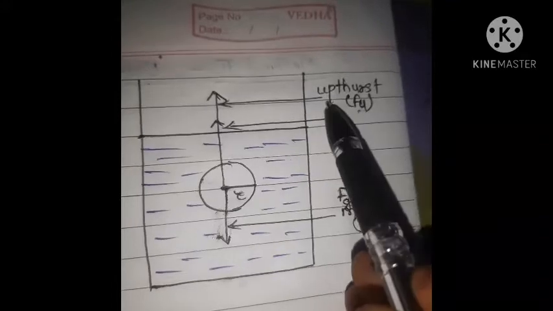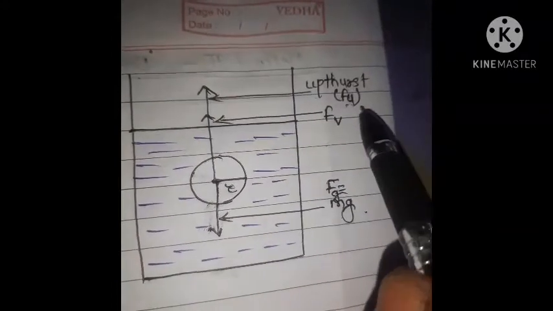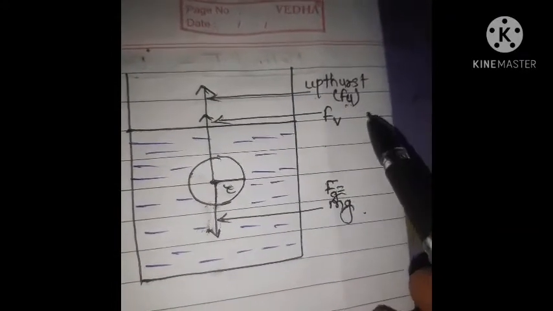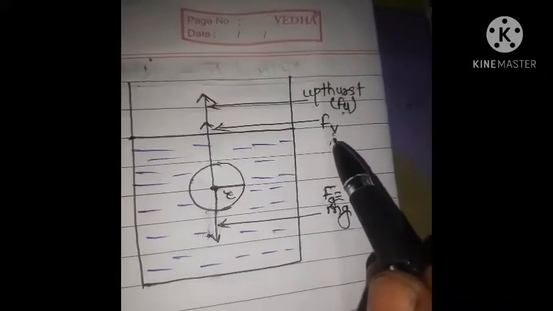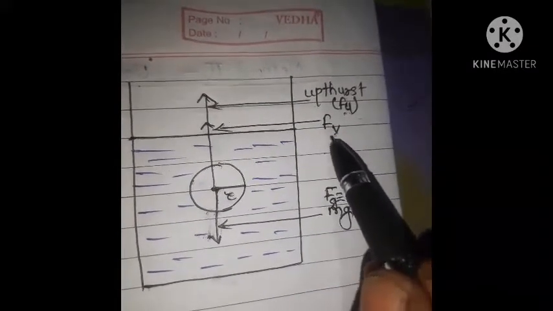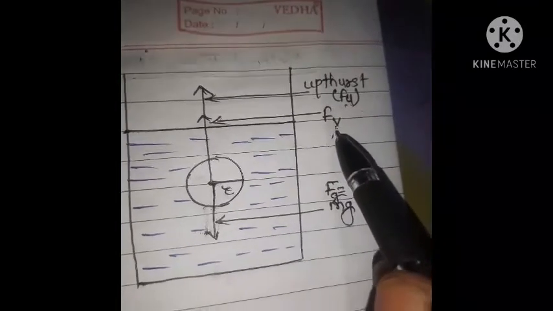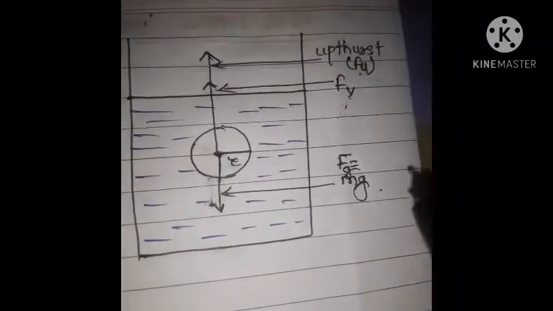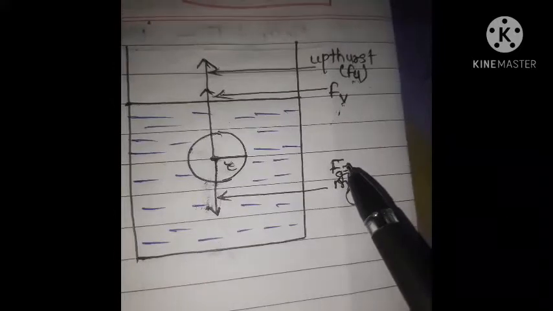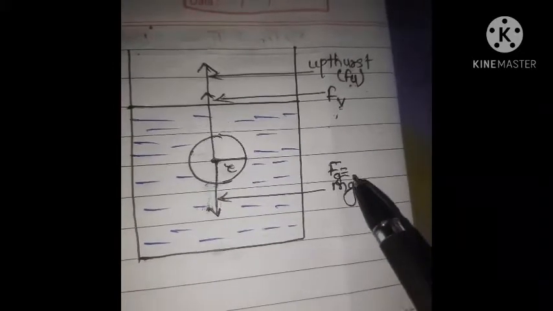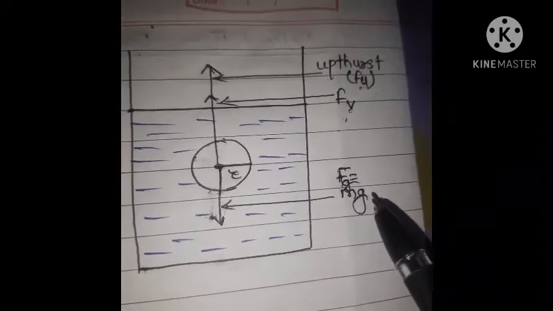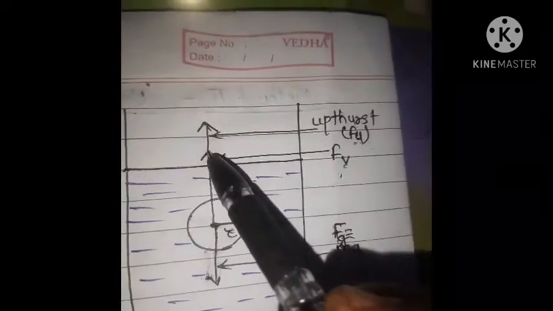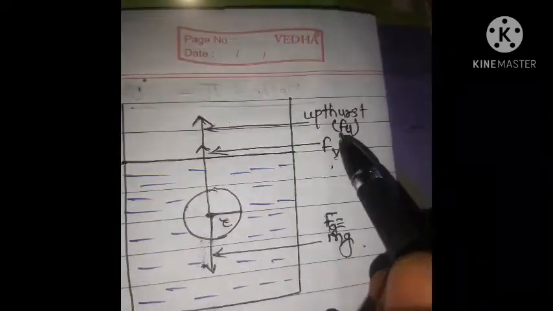Fu means the upthrust force due to the medium, Fv is the viscous force due to viscosity, and Fg is the force due to gravity.